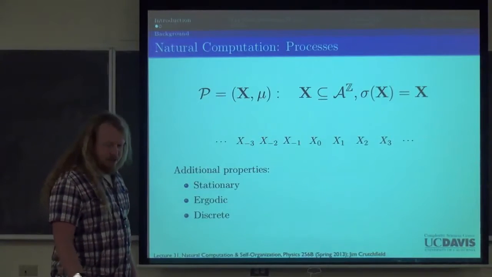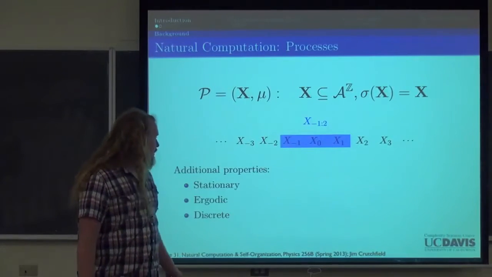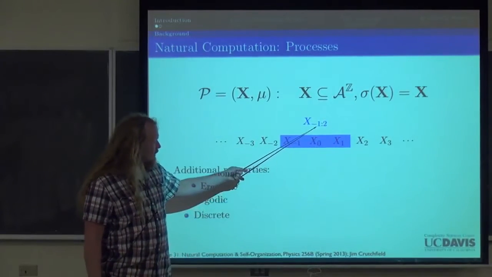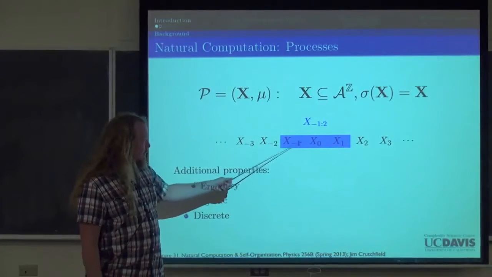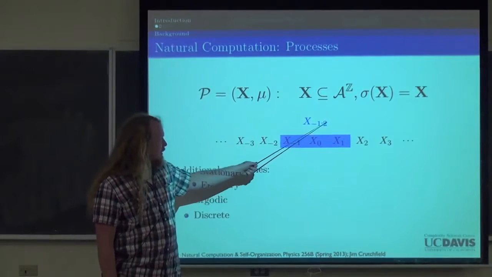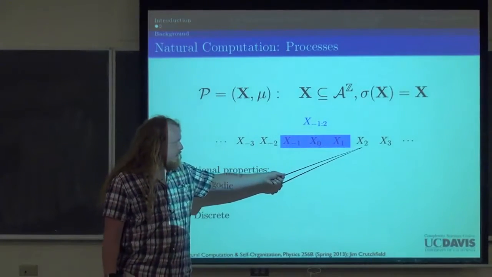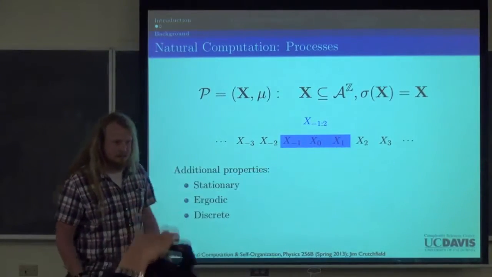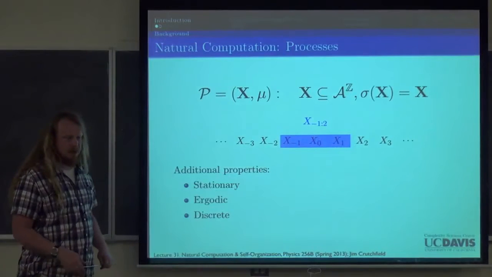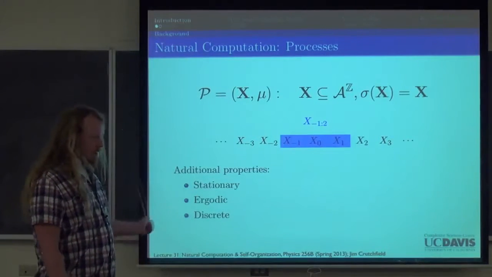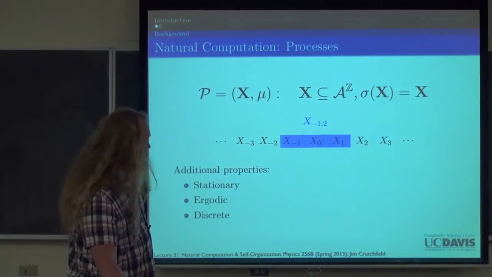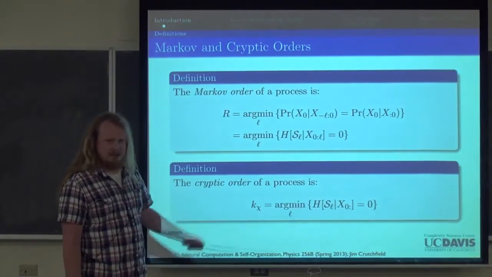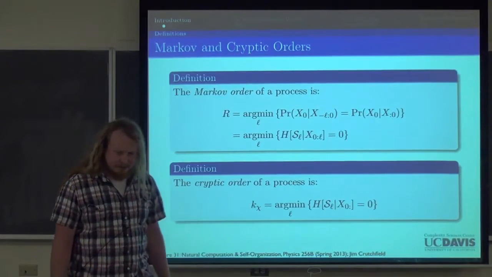Just to solidify notation, we will denote blocks of symbols like this, where on the left side of the colon we put the starting index of the block, and on the right side we put the ending index minus 1, because this is inclusive on the left and exclusive on the right. So standard interval notation: closed left, open right. We'll see some examples of what this means concretely very soon.